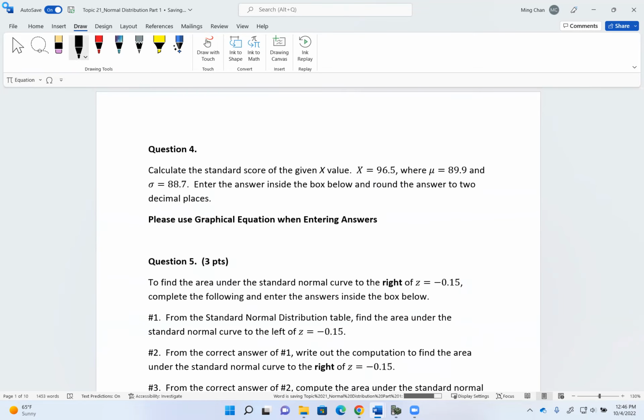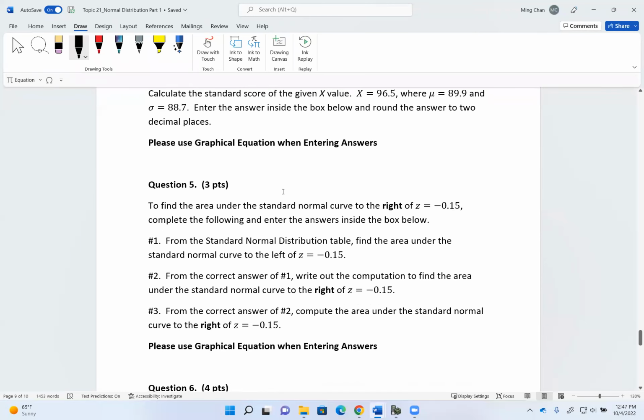Number 4, calculate the standard score. I want you to calculate a standard score for this random variable X, 96.5. Round the answer to 2 decimal places. Find the z-score for me.